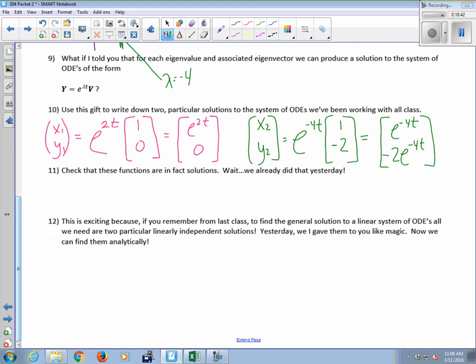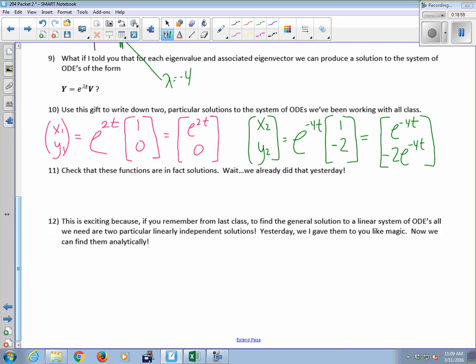All right, so this is really exciting. We can analytically create two solutions, as long as we have two eigenvalues, to a system of equations by finding the eigenvalues and the associated eigenvectors.